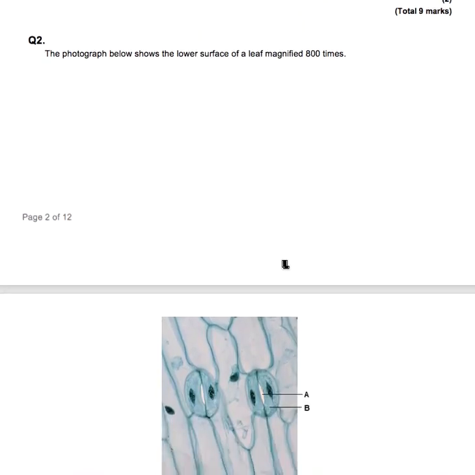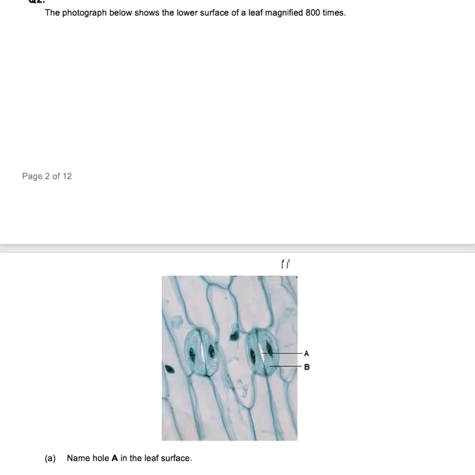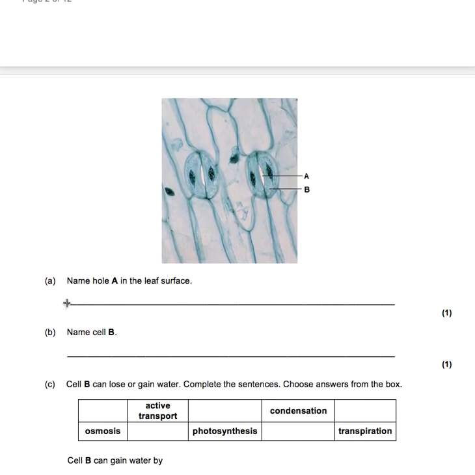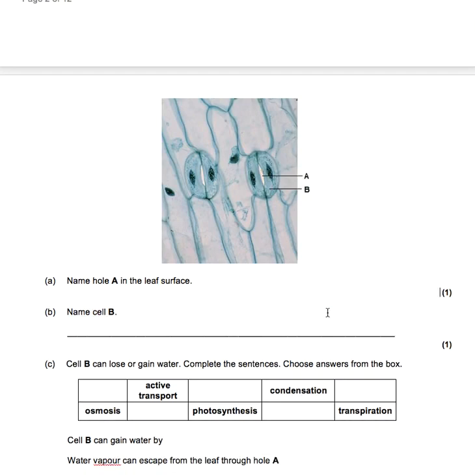Question 2 then, the photograph below shows the lower surface of a leaf magnified 800 times. Name the hole A in the leaf. Well, that is the stoma.